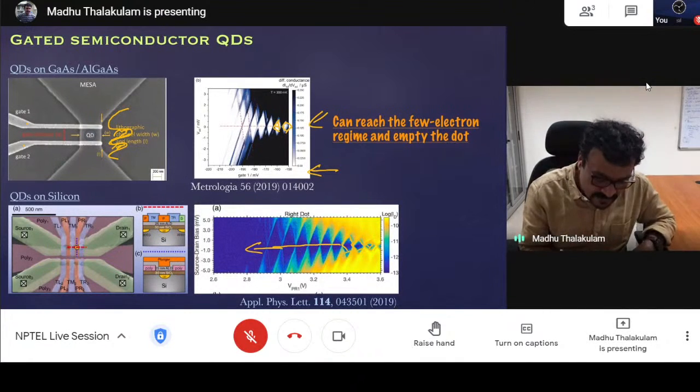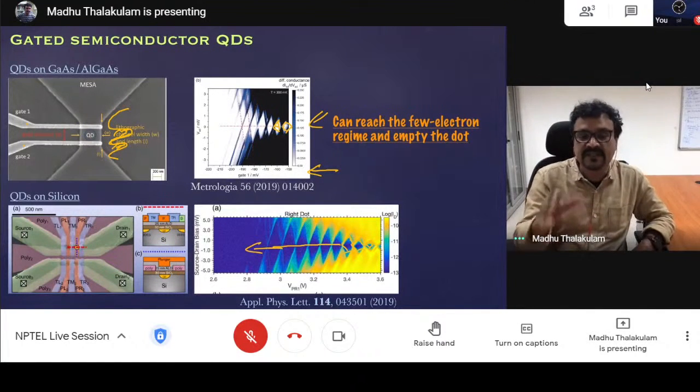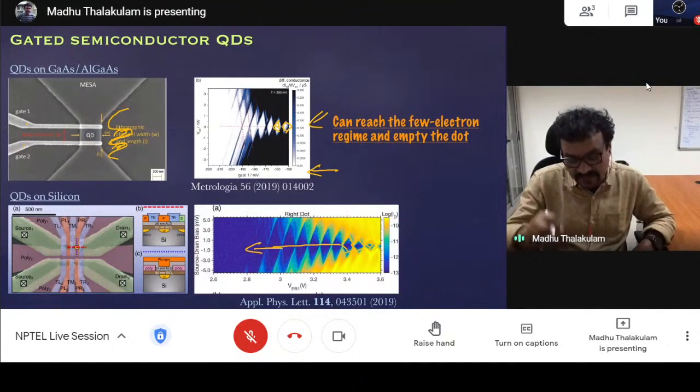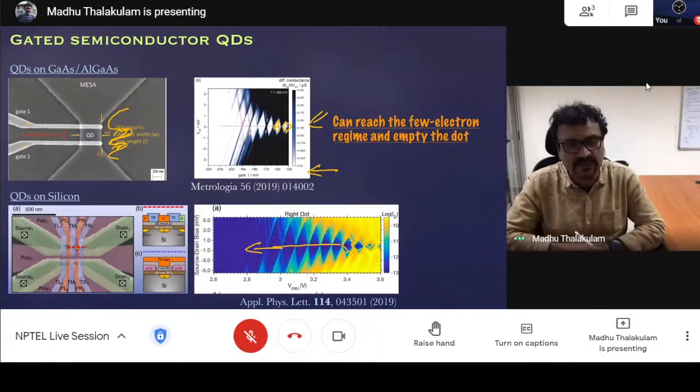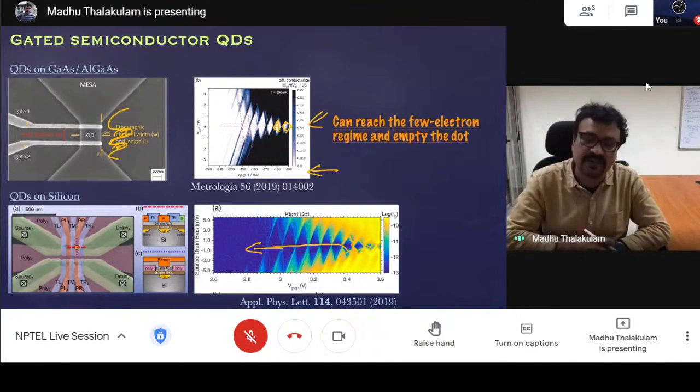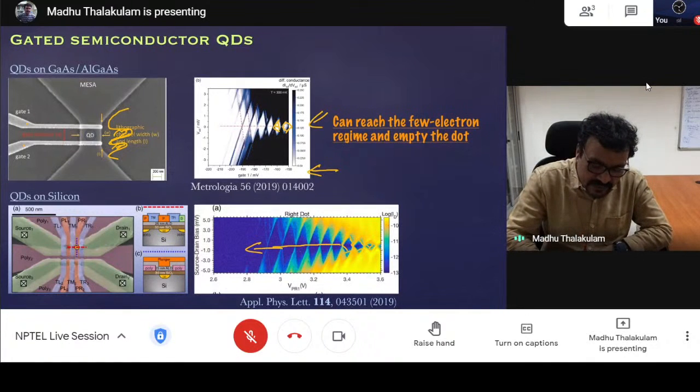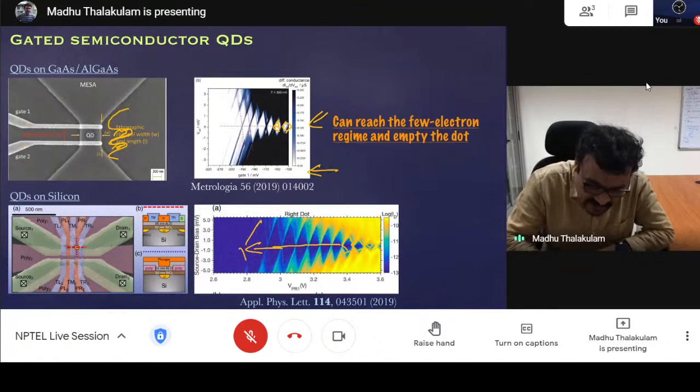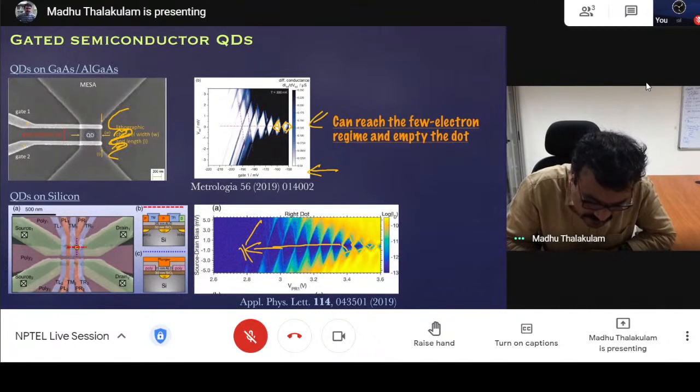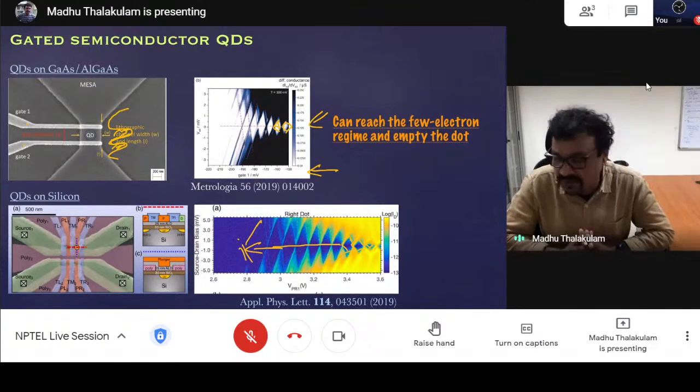What that means is you are reducing the size of the dot, and that is reflected as the increase in the size of the Coulomb diamond. Finally you don't have the closure of the diamond, probably somewhere here. After that nothing happens. So what that means is you have emptied the dot.